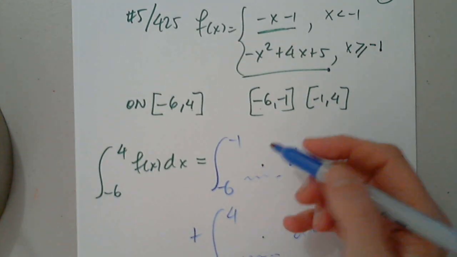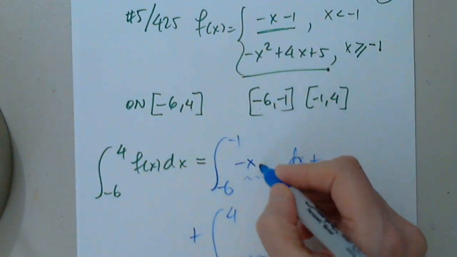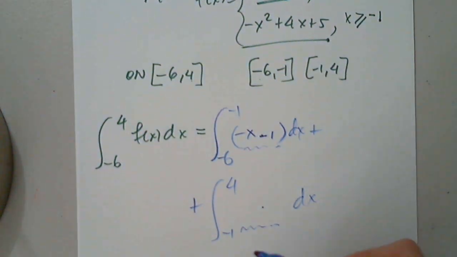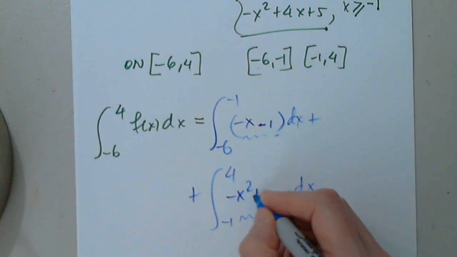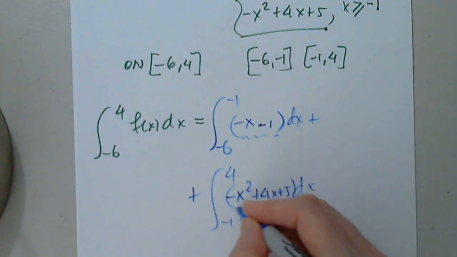Isn't the top one negative x minus 1? Absolutely. And this one is negative x squared plus 4x plus 5.